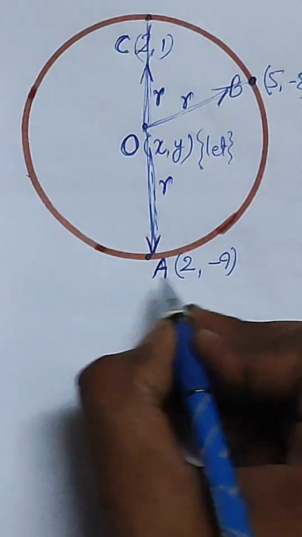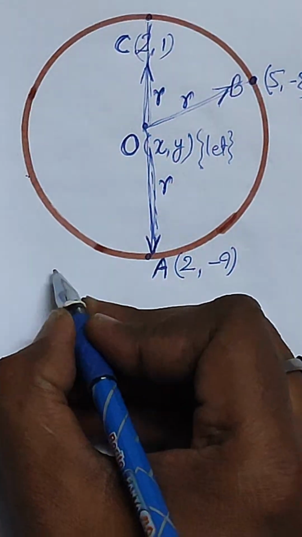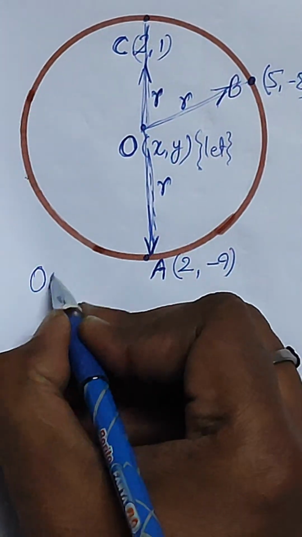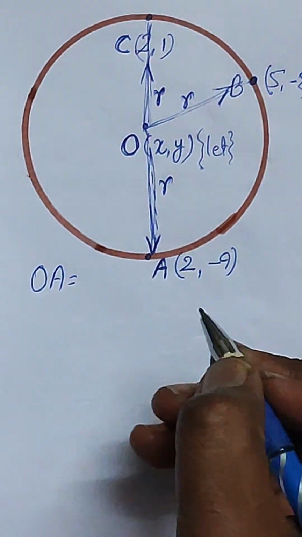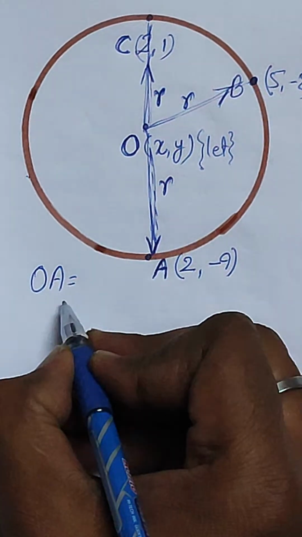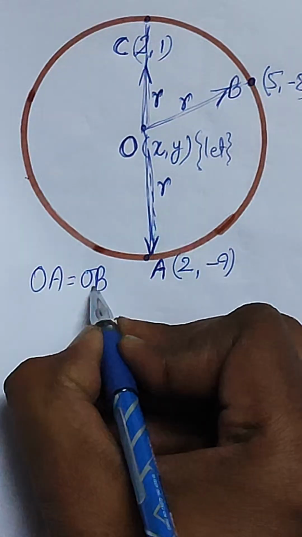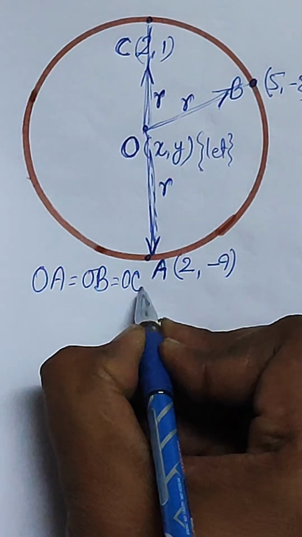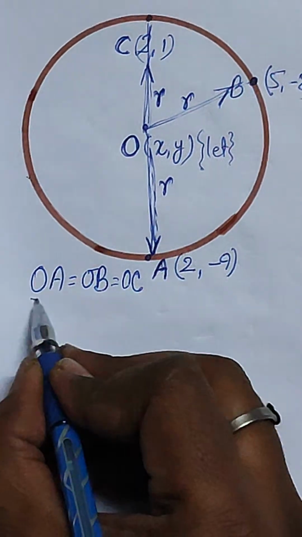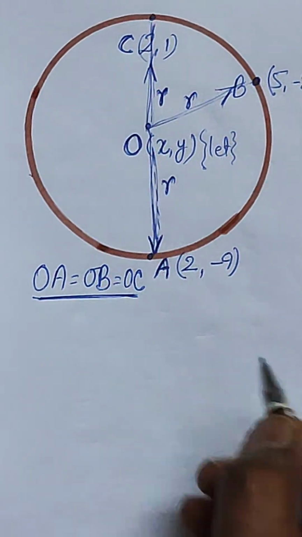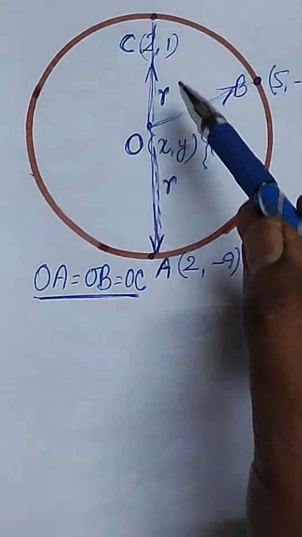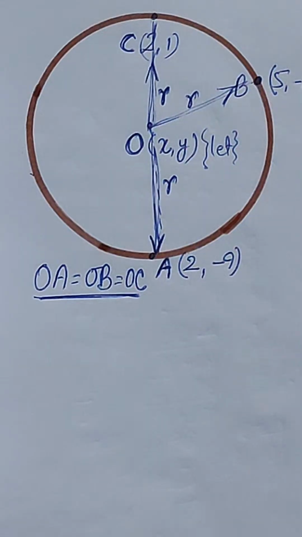Then in this question we can say that the length of OA is equal to the length of OB is equal to the length of OC, isn't it? Why is this relation valid? Because all these three are the radius of this circle.